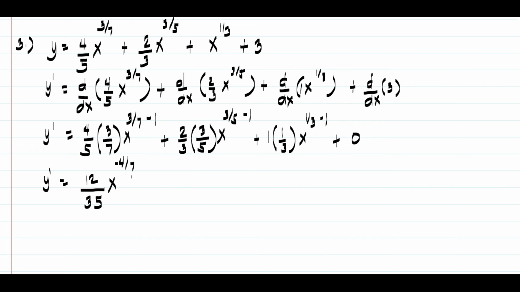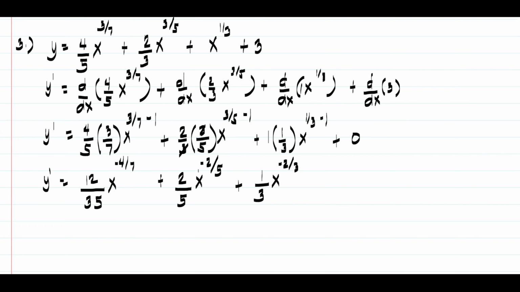So the fastest way to simplify this one, let us simply have 3 minus 7 is negative 4 and copy the denominator of the exponent, which is 7. And then, on the other side, we can cancel this one. This will give us 2 over 5 x raised to 3 over 5 minus 1, or simply 3 minus 5 is negative 2 over 5, plus 1 times 1 is 1 over 3, and then x raised to 1/3 minus 1, or simply 1 minus 3 is negative 2 over 3.